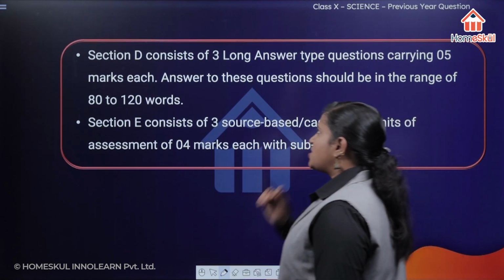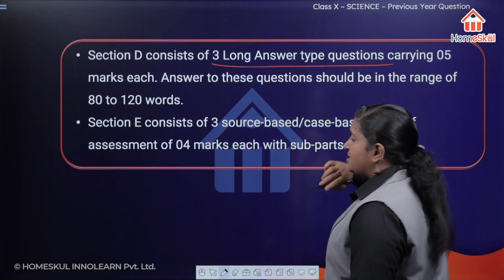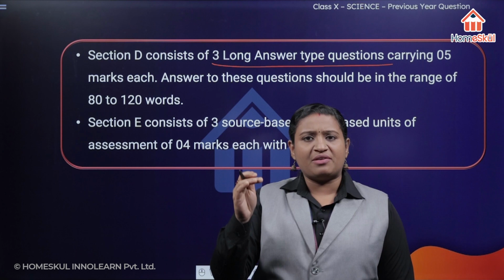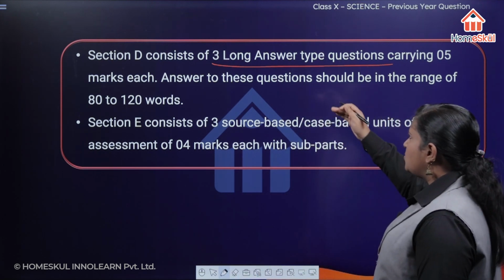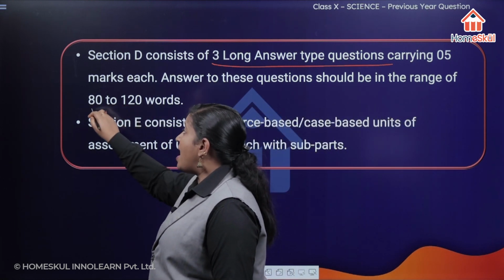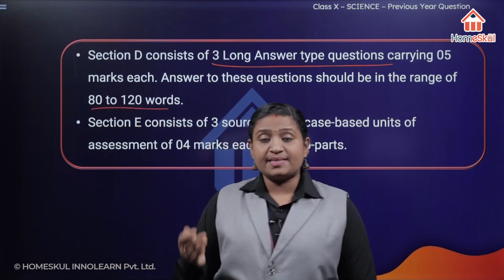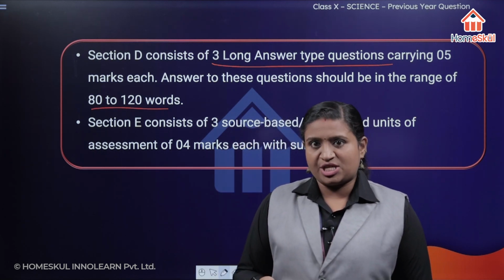Now, in section D, there are 3 long answer type questions carrying 5 marks, one each from physics, chemistry and biology. And answers to these questions should be in the range of 80 to 120 words. That is the maximum you can explain for the 5-mark section.